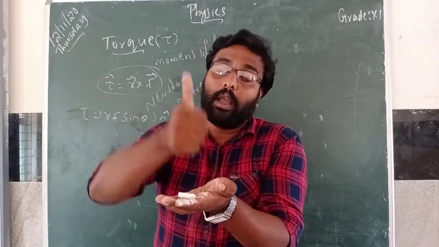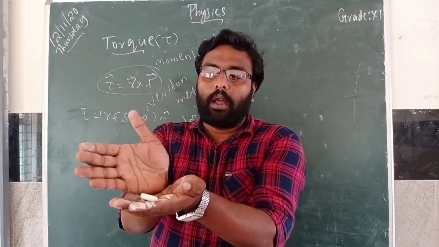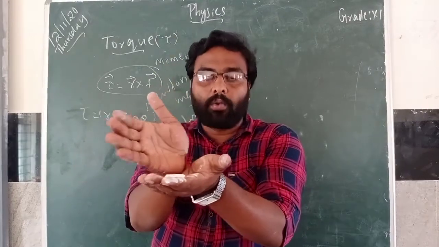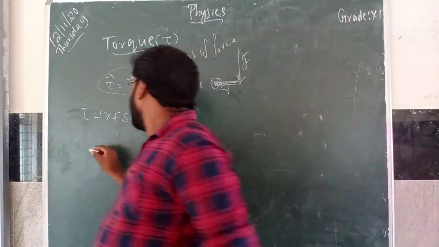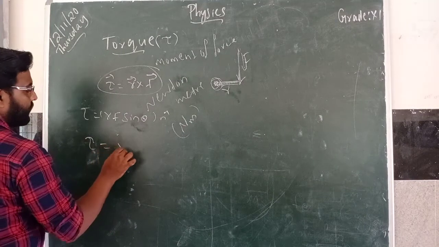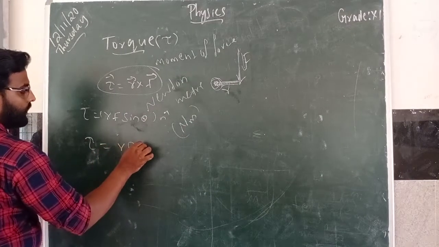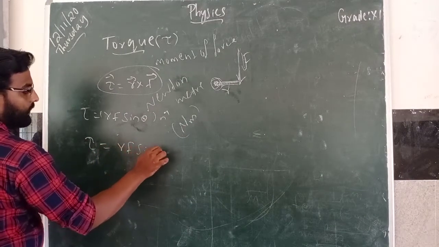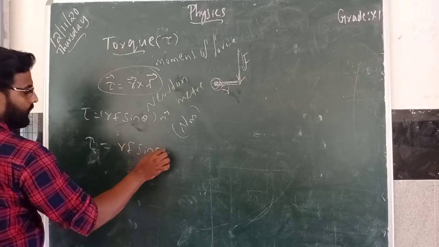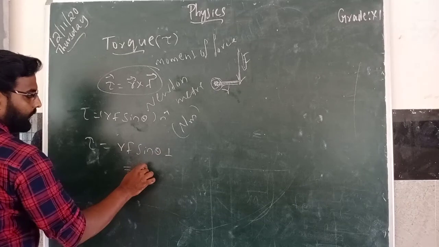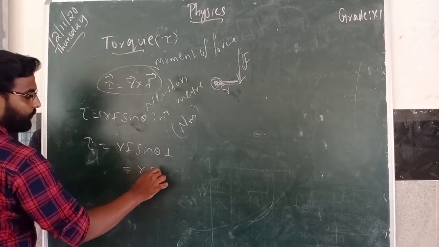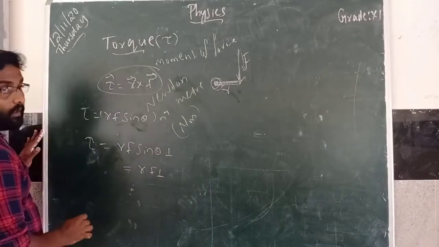Your thumb shows out of the paper, and you apply the rule like this. Then you can use the formula torque is equal to RF sin theta, so you can write RF perpendicular.